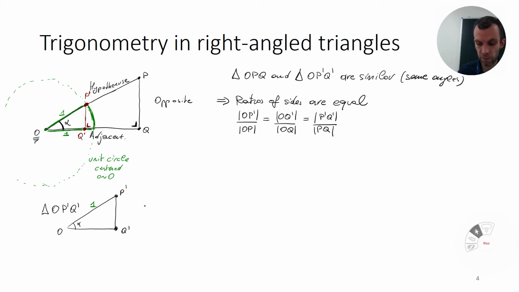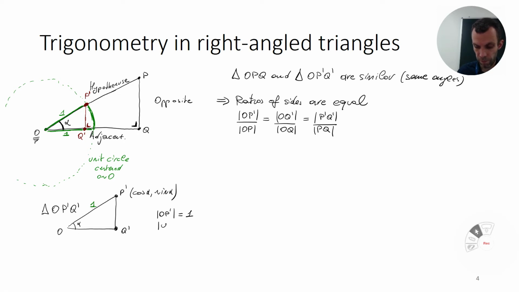That's great, because now I can give P prime coordinates, cosine alpha, sine alpha, and that tells me directly all the lengths of the sides in the little triangle. So what do I know? Well, I know that OP prime, that was 1. I already know that.